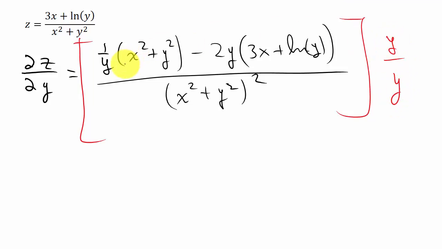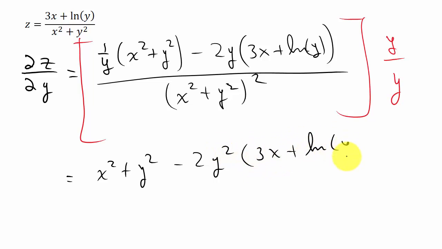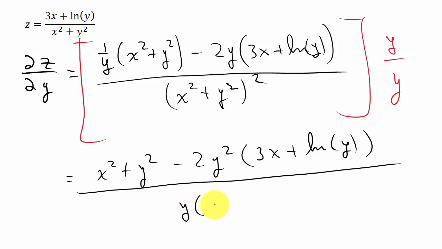So y times this, they cancel, and that will leave me with x squared plus y squared. And then this times y gives me minus 2y squared times 3x plus natural log y over y times x squared plus y squared, squared.